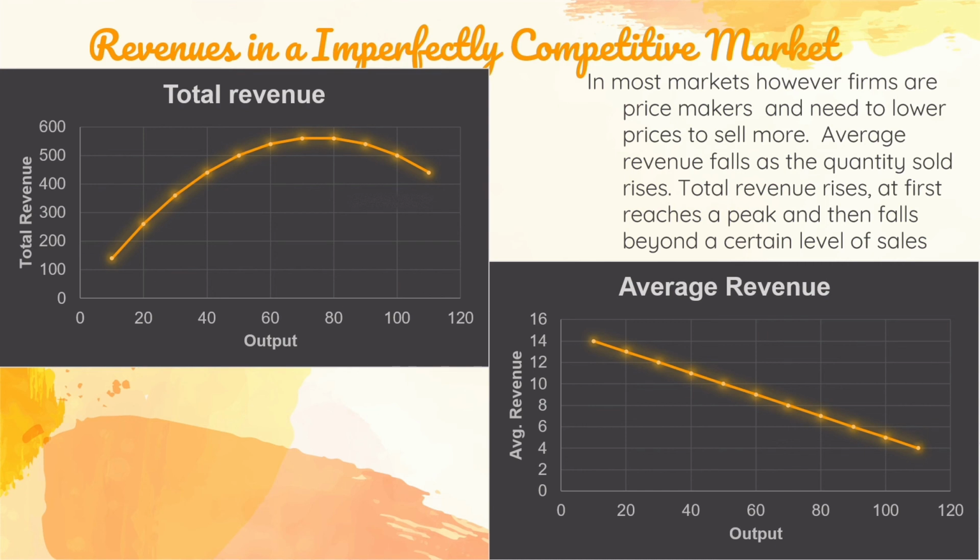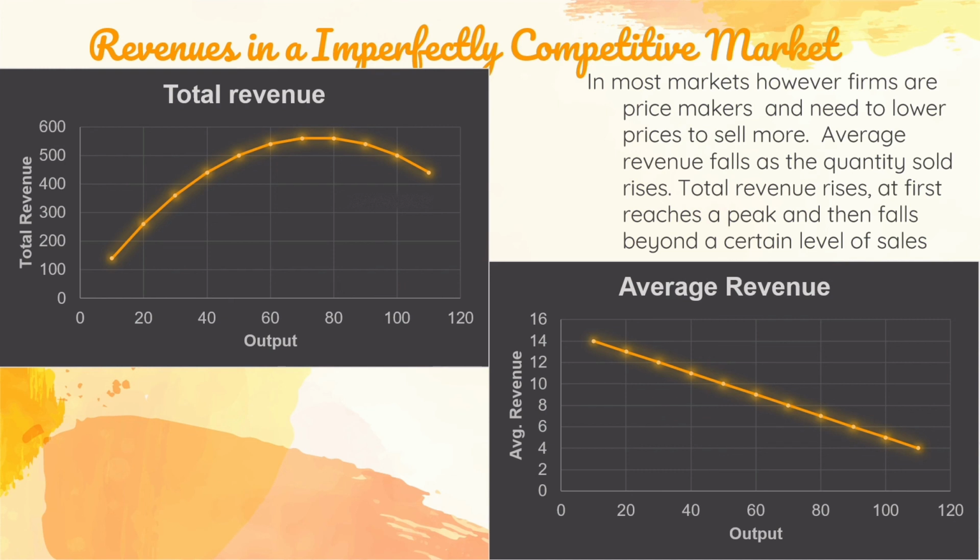You can say if the output increases, the average revenue will decrease in an imperfectly competitive market. Okay, and if the output decreases, the average revenue will increase. You need to write this. You can also write the relationship between average revenue in an imperfectly competitive market and output.